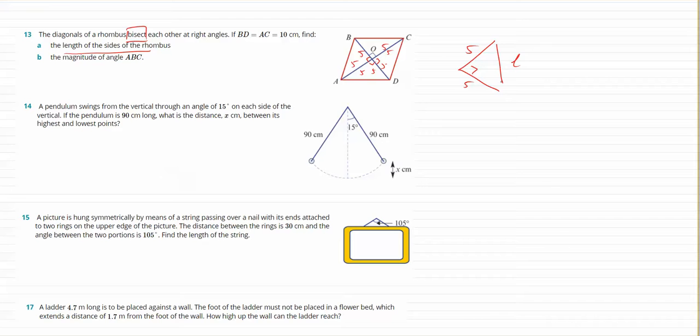Well, we don't need to use trig, we can use Pythagoras. I know that 5 squared plus 5 squared equals L squared. So L equals the square root of 5 squared plus 5 squared. Let's work it out on our calculator very quickly.